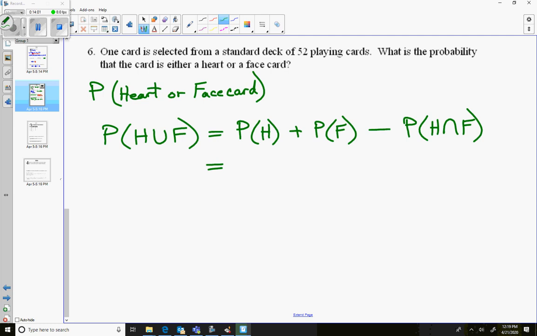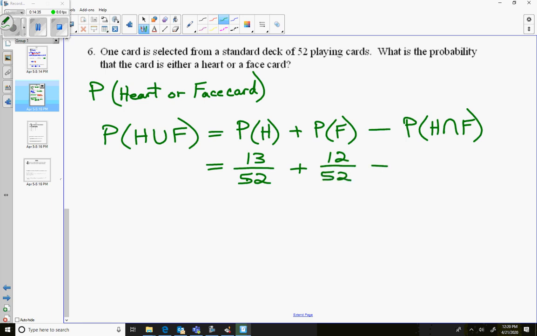Well, how many hearts are there in a standard deck of cards? 13 out of a standard deck of 52 cards. Plus, how many face cards? Your face cards are the cards that have pictures of faces on them, which would be your jack, queen, and king. So you've got 3 face cards per suit and 4 suits. So that's 12 out of the 52.